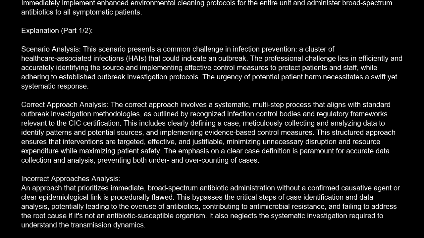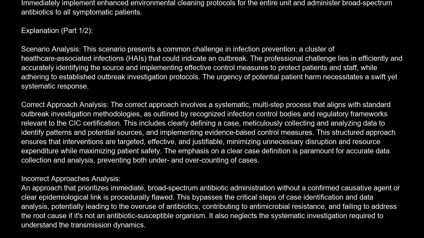Correct approach analysis. The correct approach involves a systematic, multi-step process that aligns with standard outbreak investigation methodologies, as outlined by recognized infection control bodies and regulatory frameworks relevant to the CIC certification. This includes clearly defining a case, meticulously collecting and analyzing data to identify patterns and potential sources, and implementing evidence-based control measures.